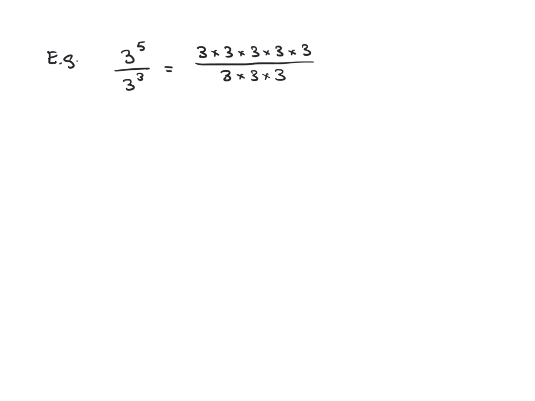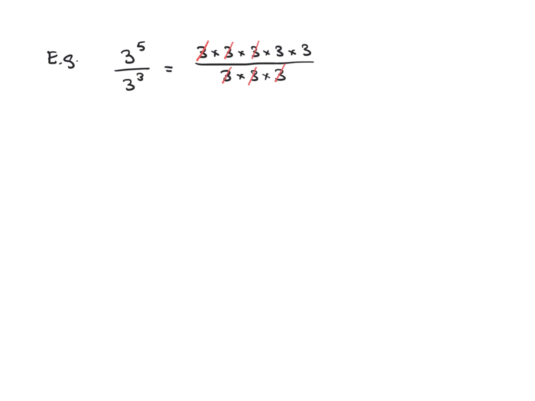When I look at this, I see some canceling out. A 3 can divide by a 3 on the bottom, and then the second 3 can divide by the second 3 on the bottom, and then the third 3 can divide with the third 3 on the bottom.